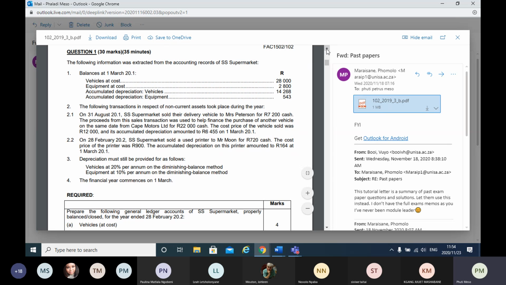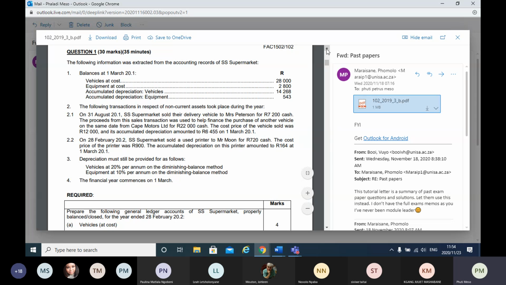On the 31st of August 2001, Double S Supermarket sold the delivery vehicle to Mrs. Pearson for 7,200 rand. The proceeds from this sale were used to help finance the purchase of another vehicle on the same date from Cape Motors Limited for 22,000 rand cash. The cost of the vehicle sold amounted to 12,000 rand, and its accumulated depreciation amounted to 6,455.